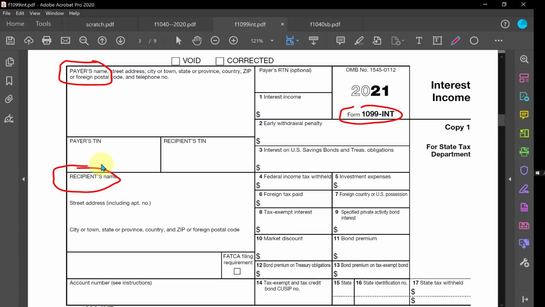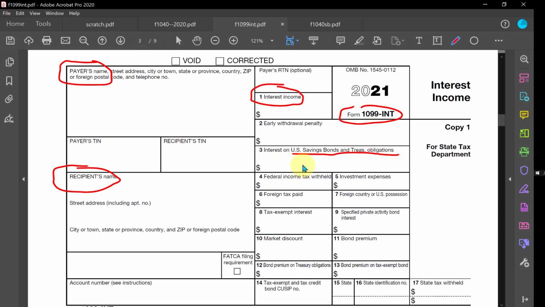And the amount of taxable interest would be reported here in box number 1. Now, if the interest is coming from a federal bond, a U.S. bond, or something they call treasury notes or treasury bills, then the interest would be reported here instead in box 3.